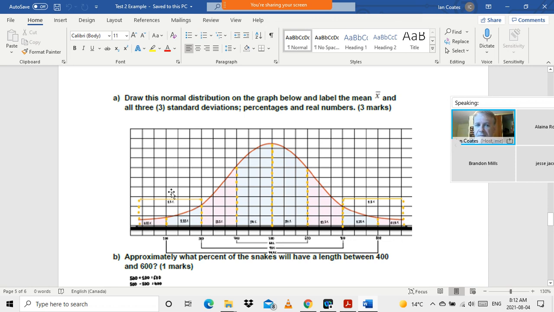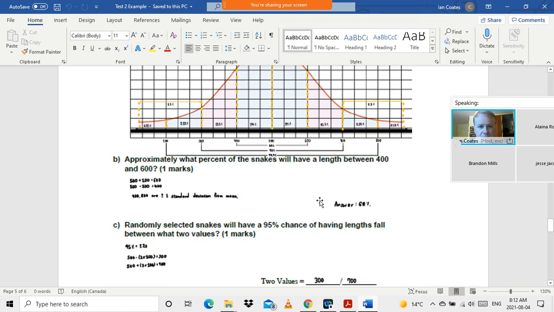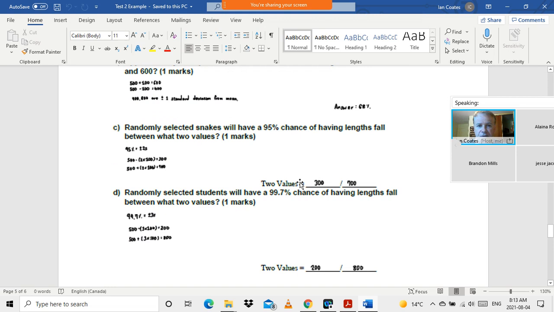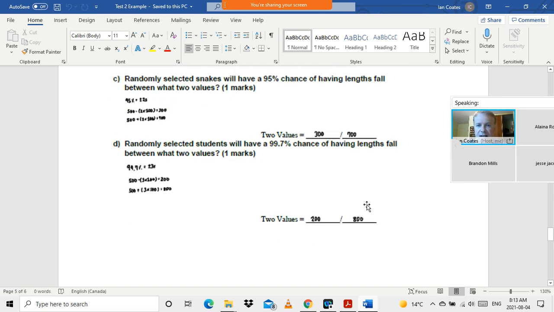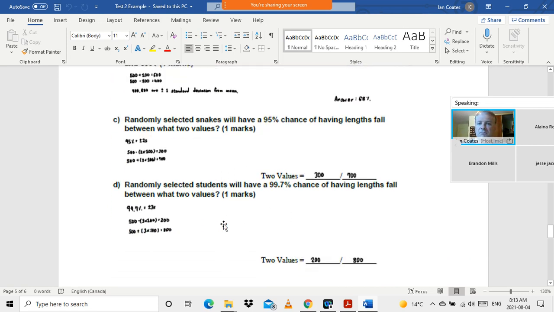Again, I was pretty flexible, but some people just missed that completely, and that was minus 3. The answer there was 68%. The answer between 95% is 307, and between 99.7% is 200 and 800. Those numbers corresponded right to the standard deviations. The majority of people nailed this.